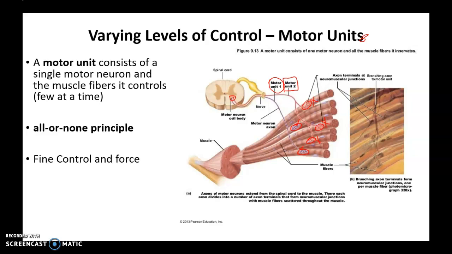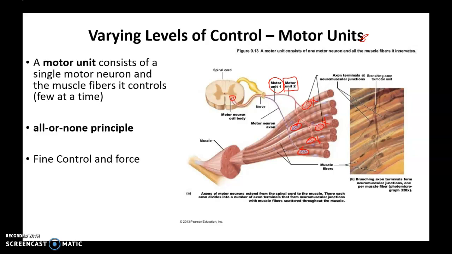There is nothing called soft contraction or fast contraction or slow contraction. If there is an action potential going to the muscle fibers, the fibers will contract. That's it. The end. That follows the all or none principle.